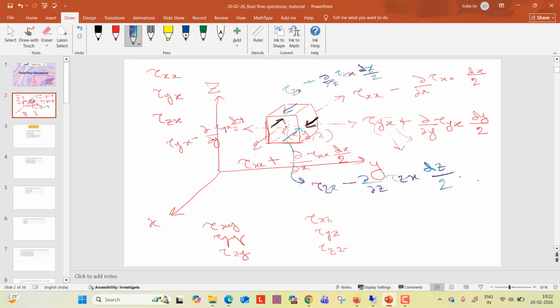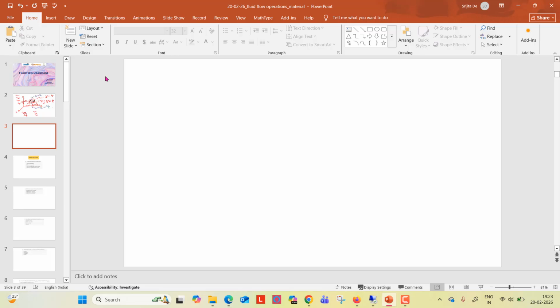Now we are not writing the rest of the things because it will be very clumsy image. But if you want to see, we can show it on the other page. For tau yy, the direction is this and the minus direction is this.